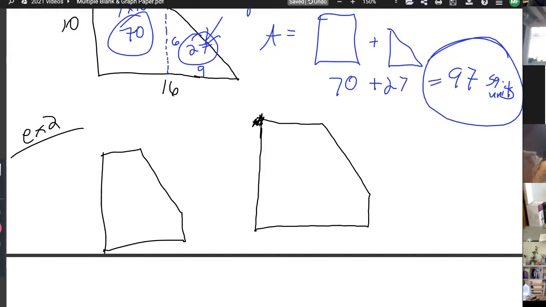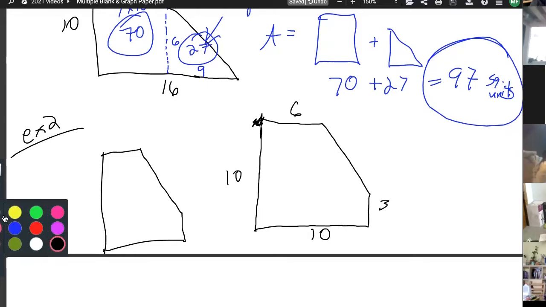Ignore that part. That's embarrassing. I don't know what that is. Okay, so let's see. Our dimensions are 10, 6, 3, and 10. Any idea how we can find the area of this weird looking thing here? It looks like a Superman symbol, kind of. That's a little off kilter.